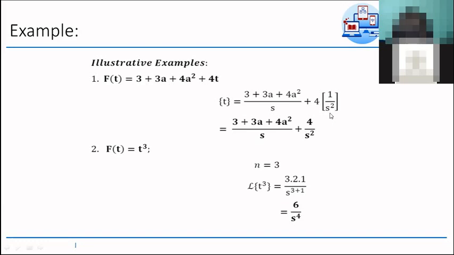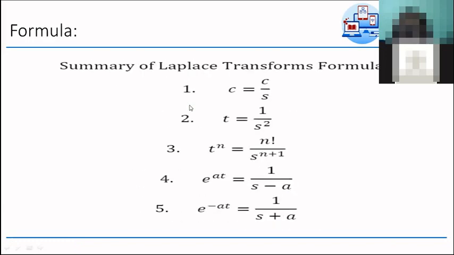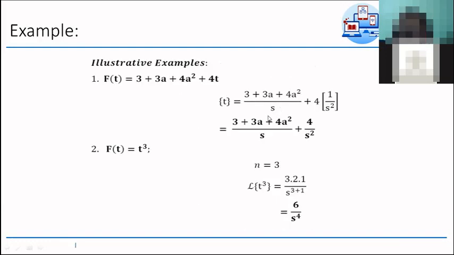Why do we have a constant over s here? Because we have the 3a. A is a literal value, and 3 is a constant value. So if we look at formula number 1, c is equal to c all over s for the constant value. That is why we have the constant here, then all over s.